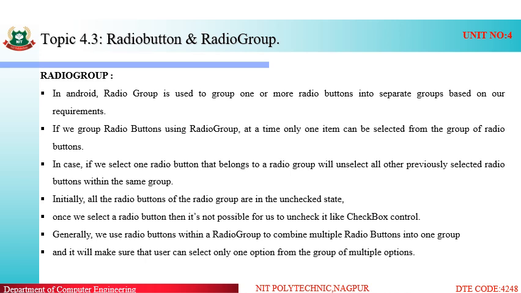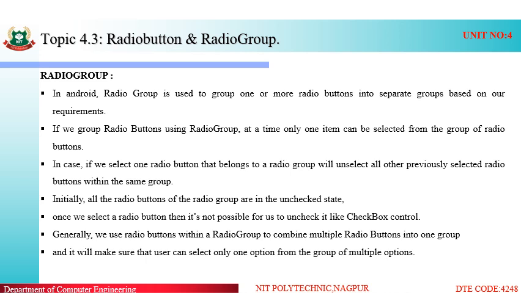So here a different perspective is given. If we select any radio button inside the radio button group and then want to unselect it, we cannot do that particular operation. So this is the difference between the checkbox and radio button.